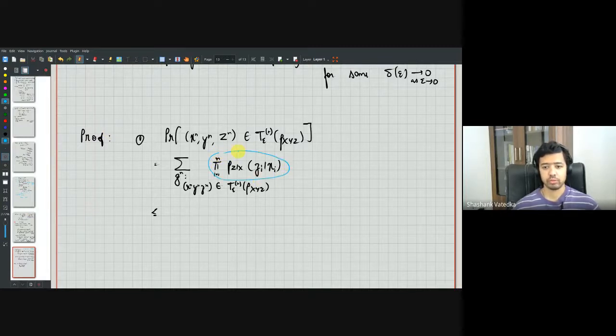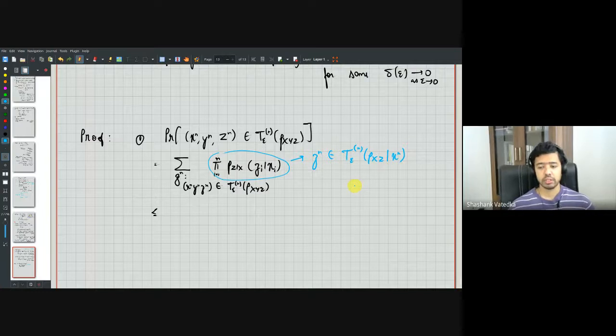Zn belongs to the conditional typical set, which is the T epsilon n of p xz given a particular xn.